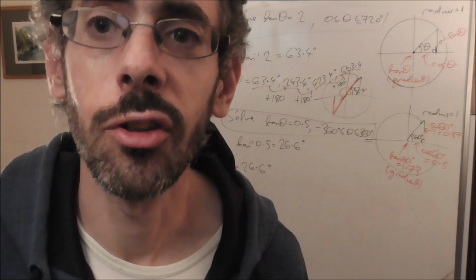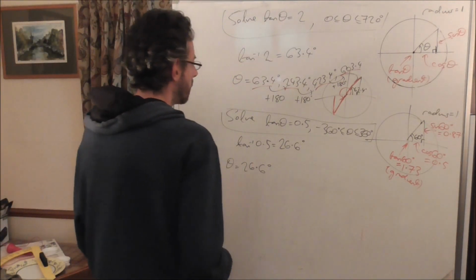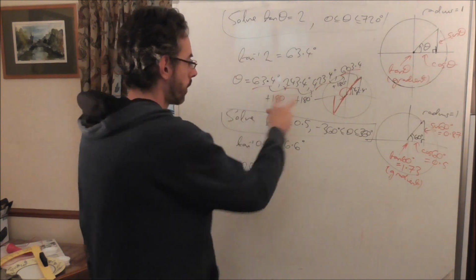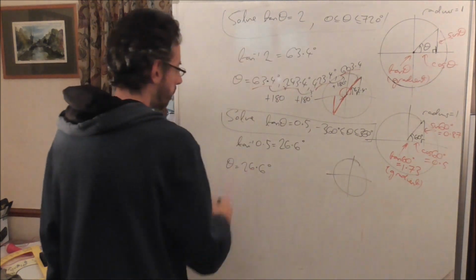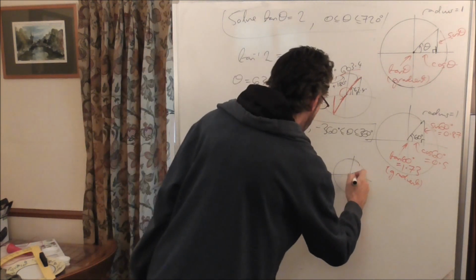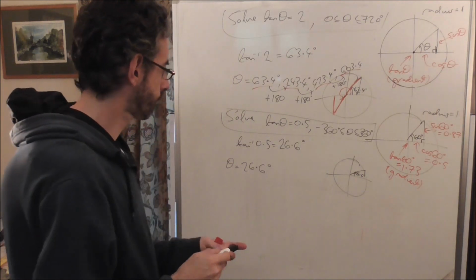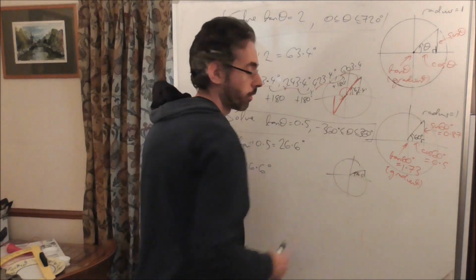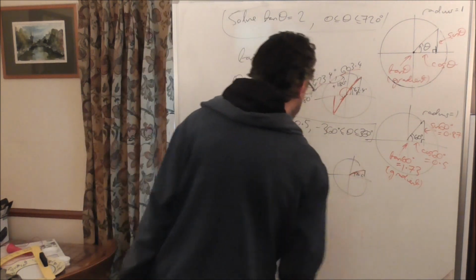Now for tan, as I said, you just keep adding or subtracting 180 to get other solutions. I'm just wondering whether to draw a picture. I mean, it's basically the same as that. I might as well draw it. So 26.6 degrees is over here. It's got a slope with a gradient of 0.5.